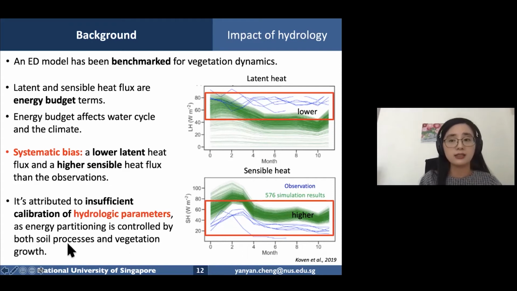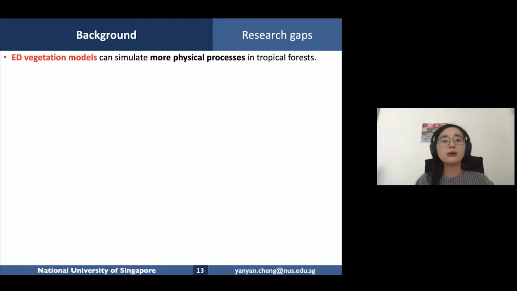So up to here, I would like to summarize all these research gaps I have just mentioned. We have advanced ED vegetation models, which can simulate more physical processes in the tropical forest.